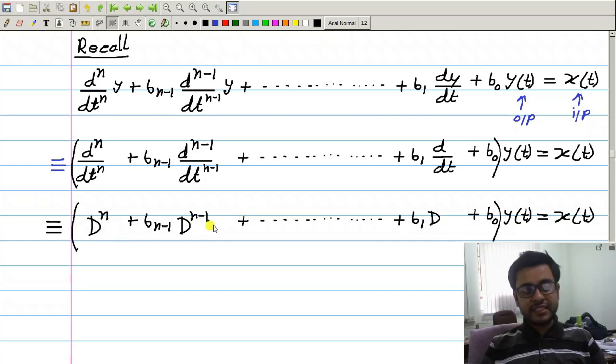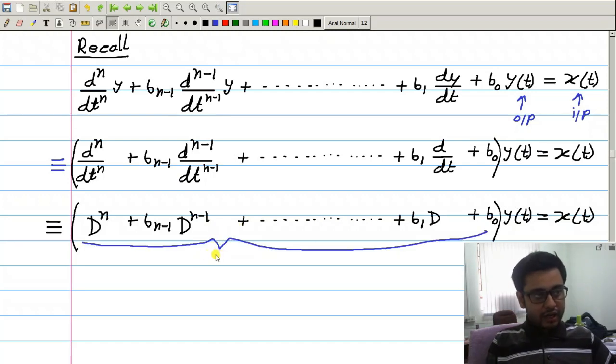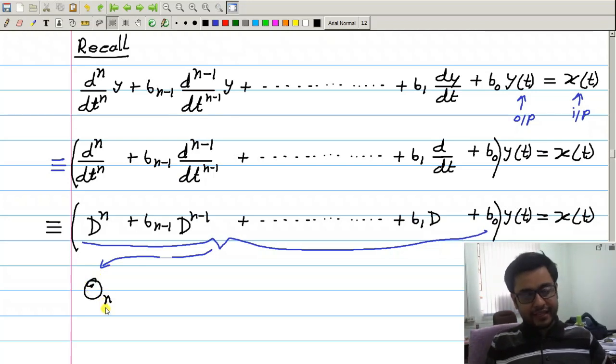Now, this is quite a long equation to write again and again. Therefore, I will use a simpler notation, and I will write this long operator with a shorthand symbol O_N, O for operator, and this N reminds us that this is an nth order differential operator.